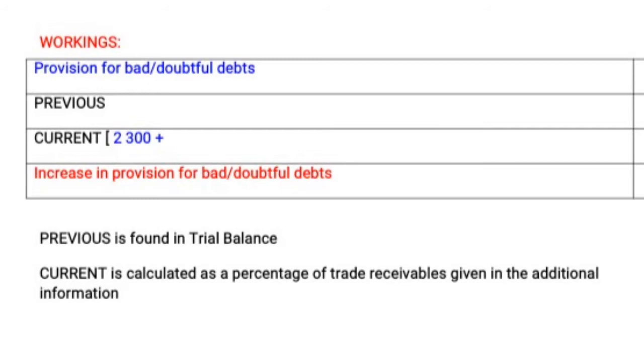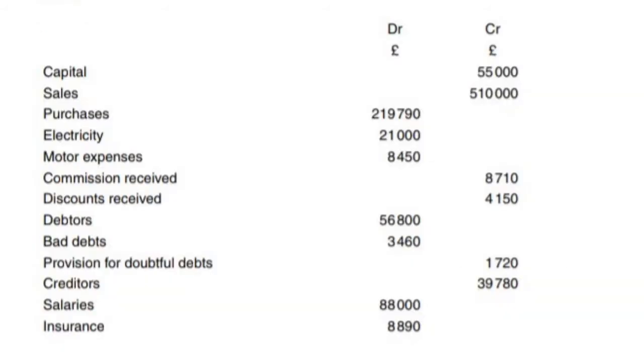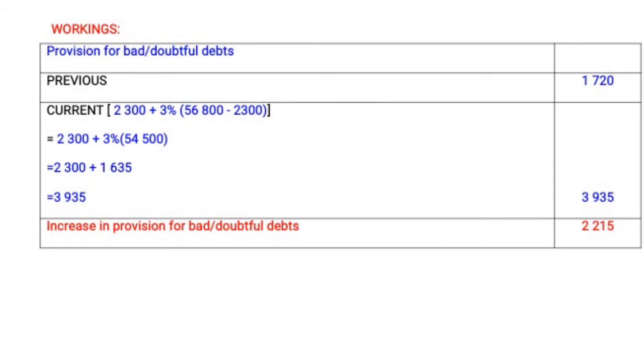So from the figure of debtors or trade receivables, remember debtors are also called trade receivables, if you look in your trial balance, you can notice that the debtors are amounting to 56,800. You have to less 2.3 first.